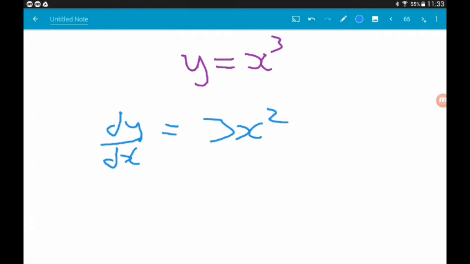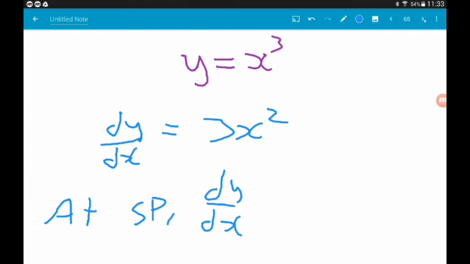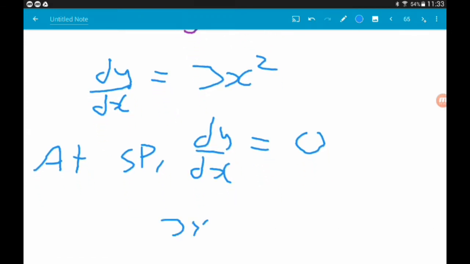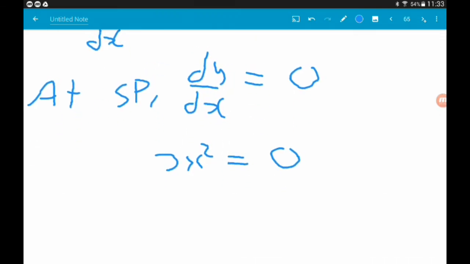So at a stationary point, dy by dx, so the gradient of the function, is equal to 0. So we set 3x squared equal to 0, which quite simply tells us the x coordinate is 0. So the x coordinate of the stationary point is 0.